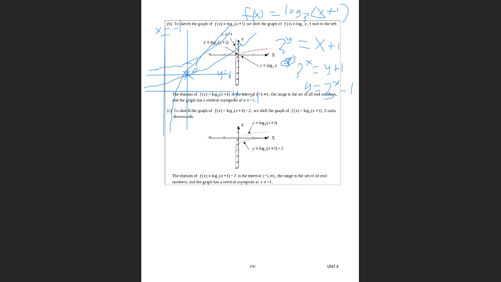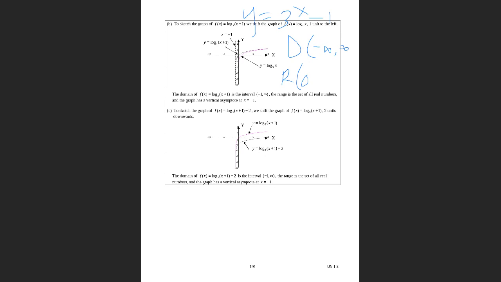Now, in the same way, if you look at this graph, which is y equals 3 exponent x minus 1, we can see that the domain is going to go from negative infinity to positive infinity, and the range is going to go from the asymptote.